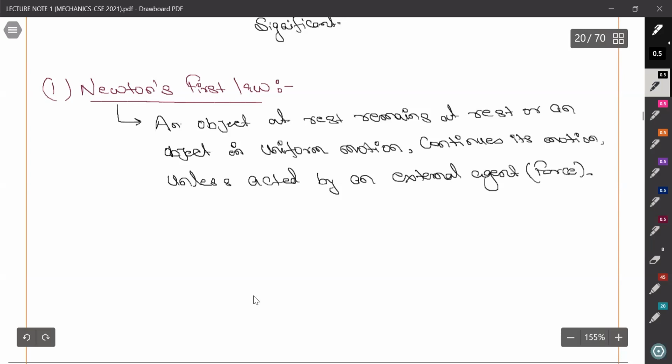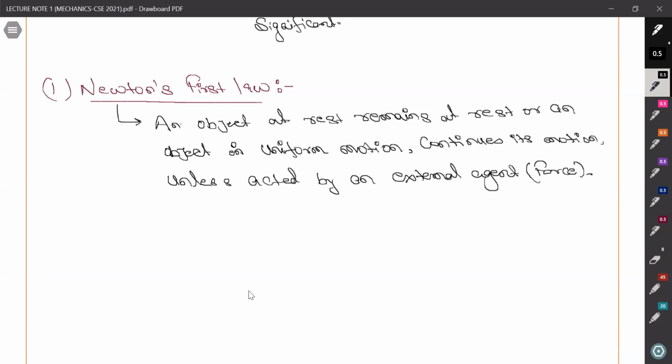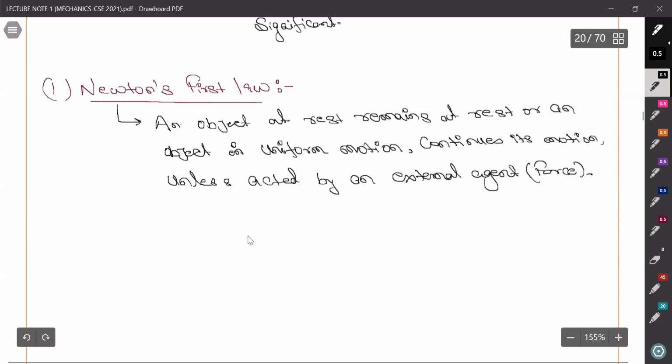So if an object is at rest, it will remain at rest. And if the object is in uniform motion, it will continue its motion if we are not going to change its momentum, if you're not going to act any external force on it. It will continue its state of motion, right?